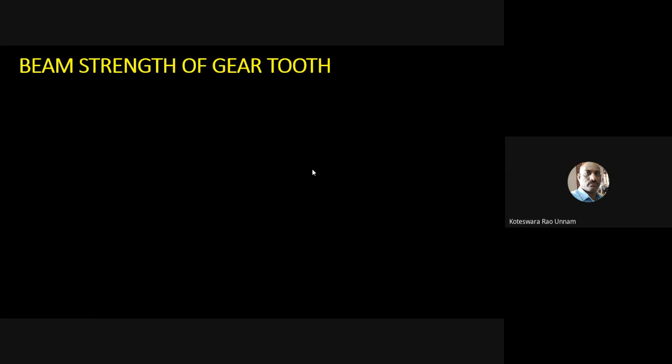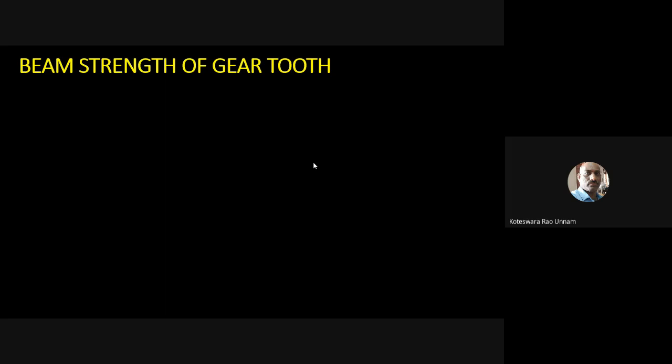In the previous class, we discussed the beam strength of a gear tooth. Today we'll continue that, and after that we'll see the wear strength of the tooth, because gear failures are majorly either due to strength failure or wear failure.